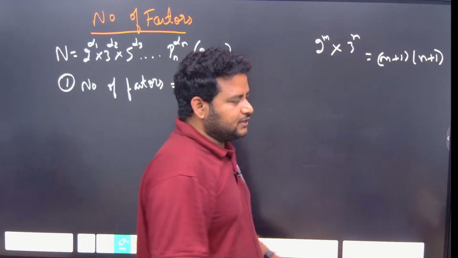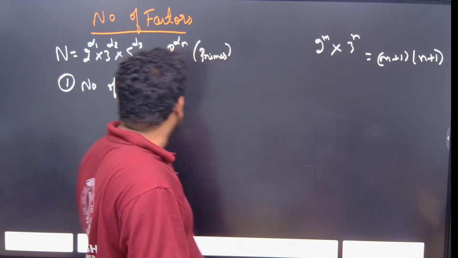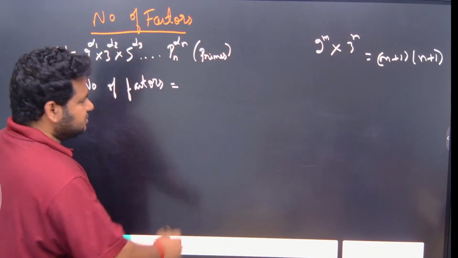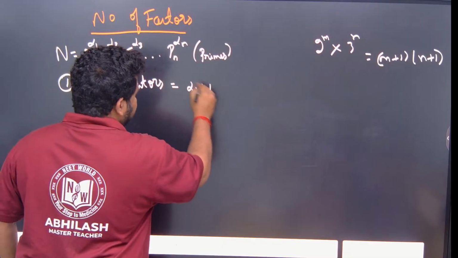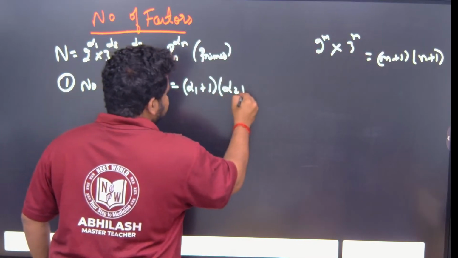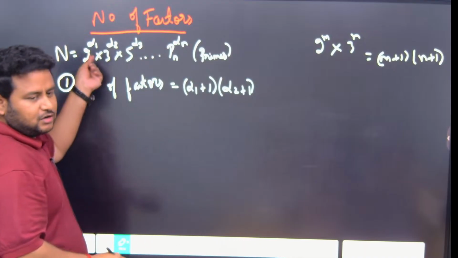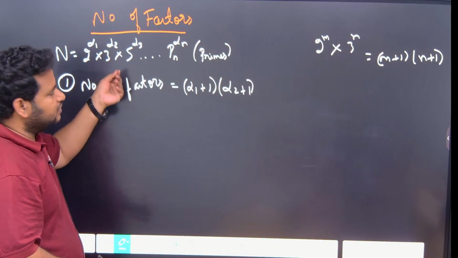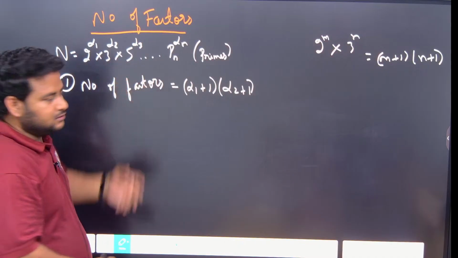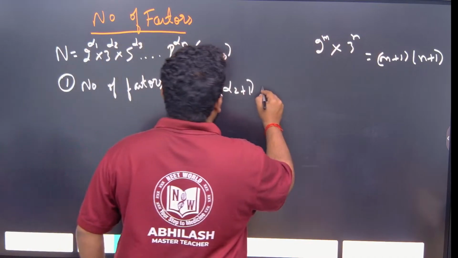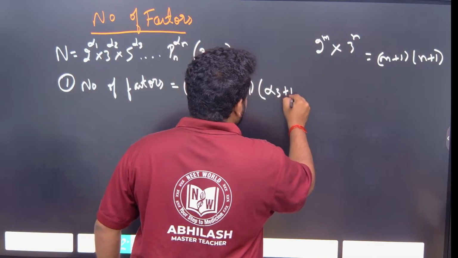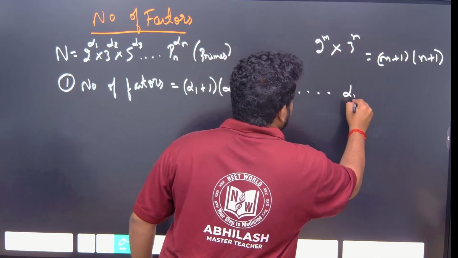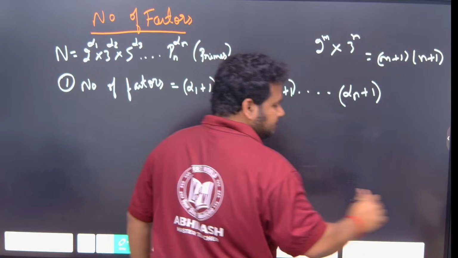Same thing if I do it here, number of factors for this will be alpha 1 plus 1 into alpha 2 plus 1. These are all powers. 2 to the power of 2, 2 to the power of 1, 2 to the power of 0, anything it can be. 3 to the power of 1, 3 square, 5 square, something like that. So, this will be alpha 2 plus 1, alpha 3 plus 1, up to alpha n plus 1. This is one thing, please make a note.